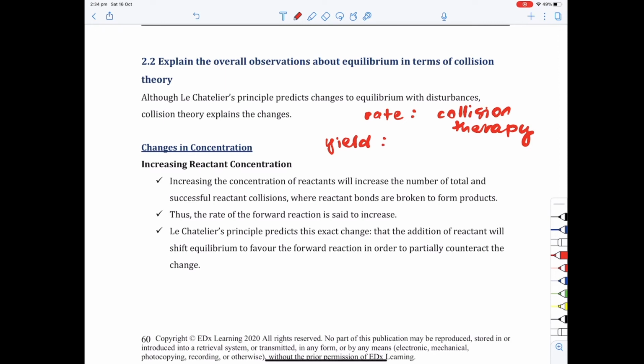So yield, everyone, if you want to formally define yield, it's your amount of substance produced over its theoretical maximum. Theoretical maximum, and it's often expressed as a percentage.